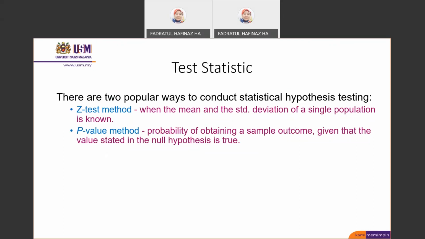So the value of the test statistic is used to make a decision regarding the null hypothesis. The first one is the z-test, used when the mean and standard deviation of a single population are known. The second one is the p-value method, the probability of obtaining a sample outcome given that the value stated in the null hypothesis is true.